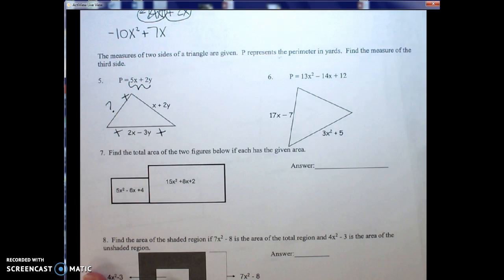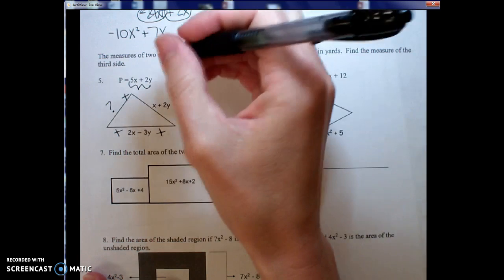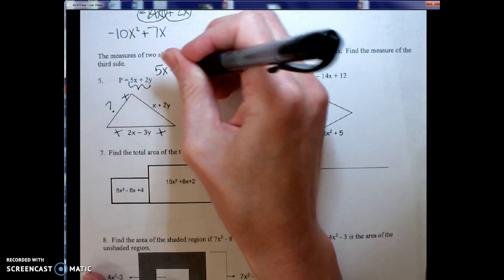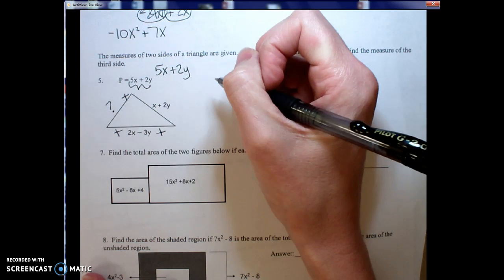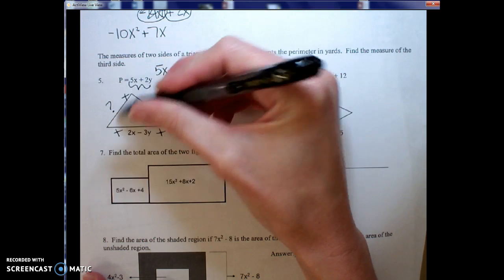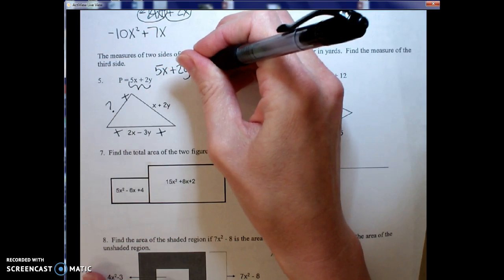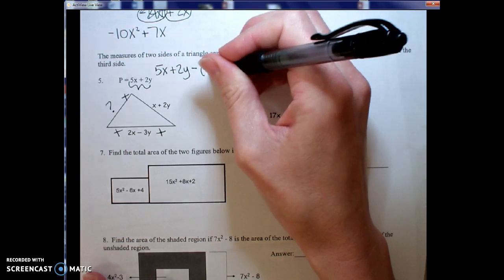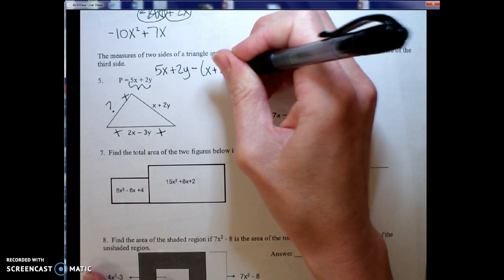So we can set up this equation to represent that. We can say that if we have 5x plus 2y, that would be our total perimeter. We need to find that third side length. Originally, if we added up all three side lengths, what we're doing now is taking them away, and I'll show you the setup as to why in a second.